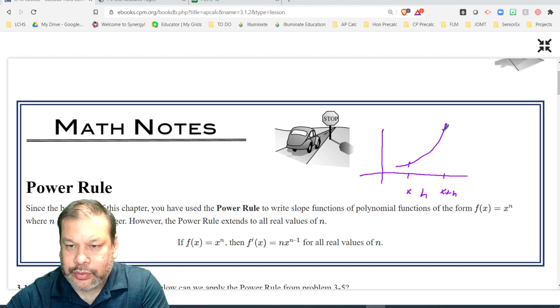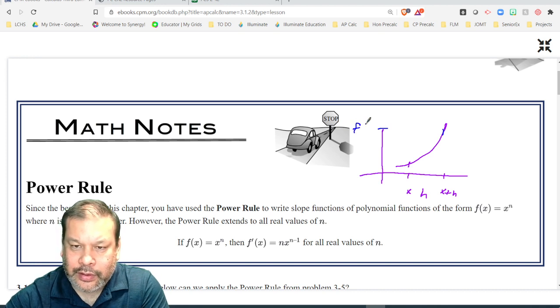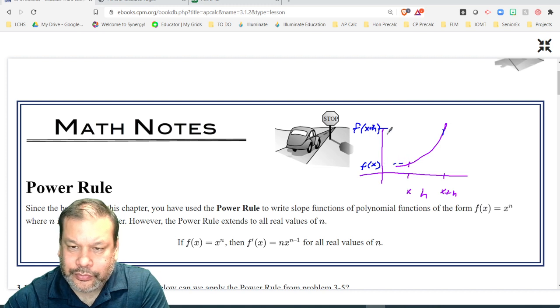And this would be along here, f of x plus h, and this of course f of x. This is the average rate of change, and we don't care what happens in between.